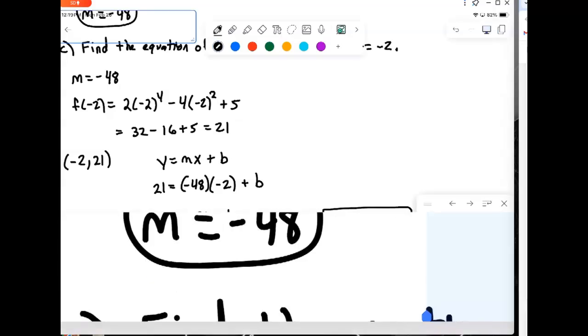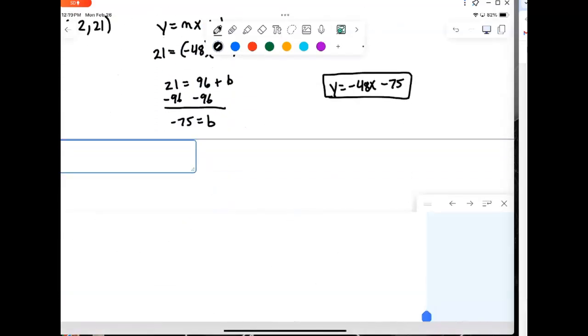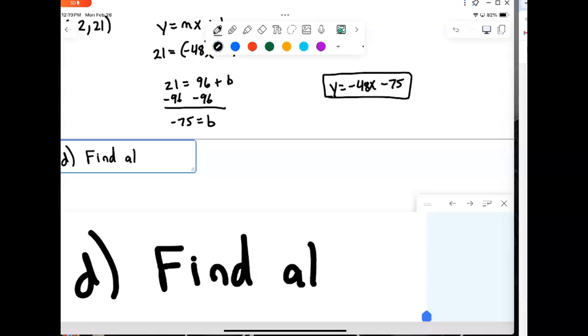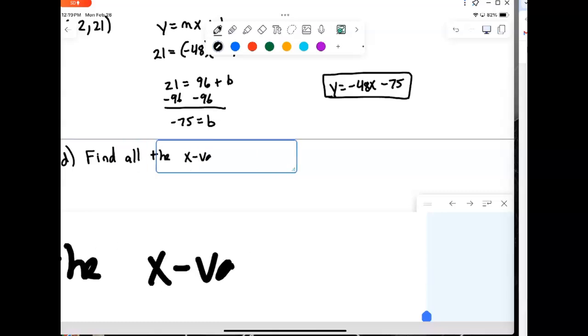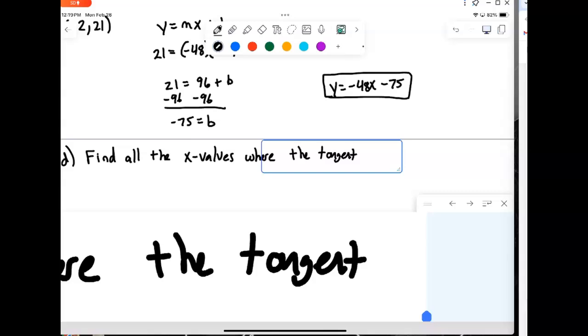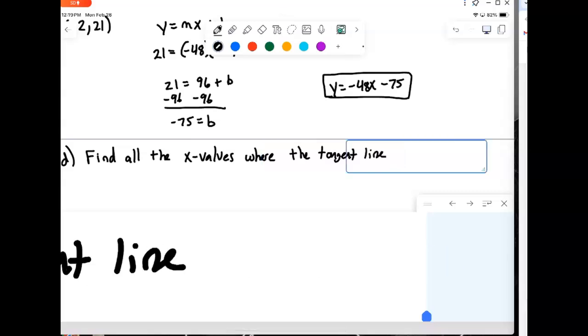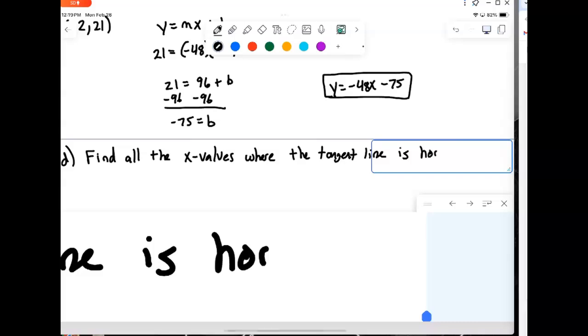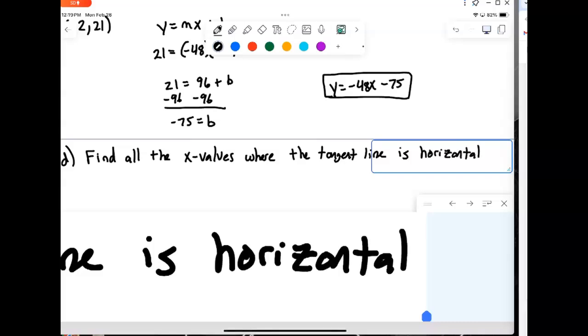There is one additional question that we are asked, and that is to find all the x values where the tangent line is horizontal.